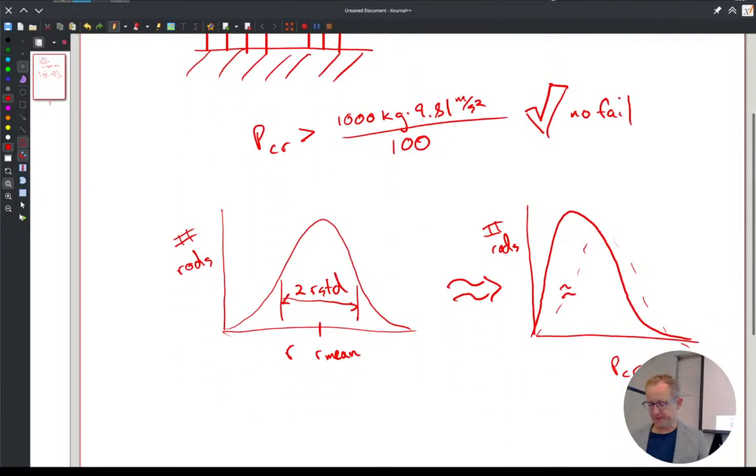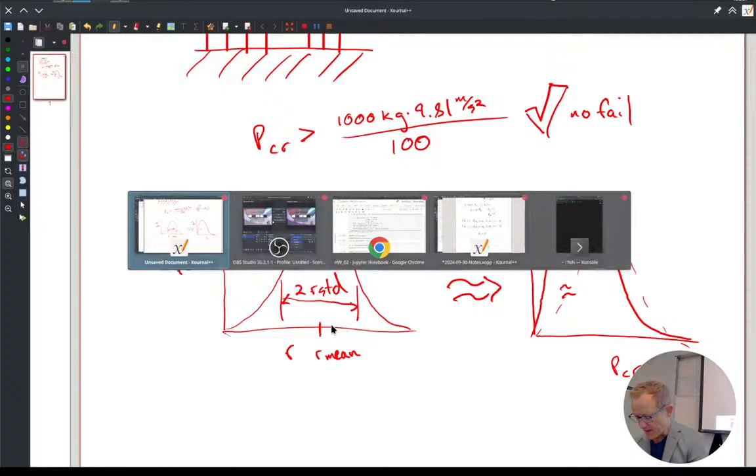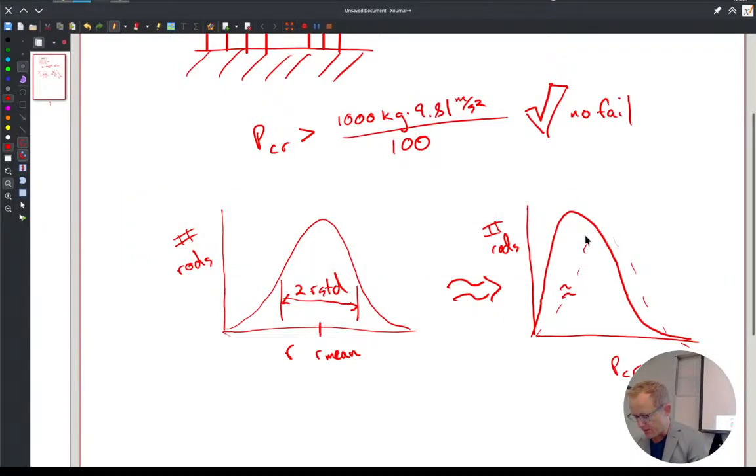And I've got some normal distribution of radii that are all transforming into some kind of distribution of critical buckling loads. So right now, this average value is 170 for a 5 meter length, for every rod, and then the tails are kind of described by that standard deviation.